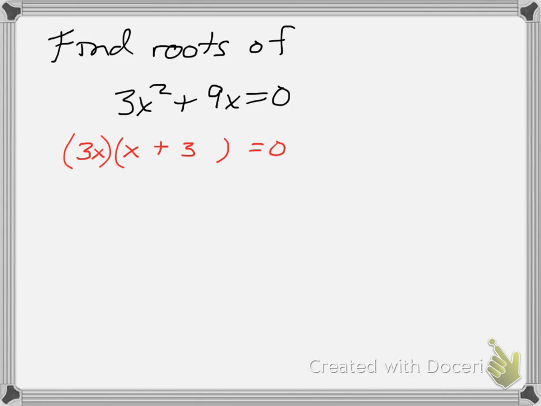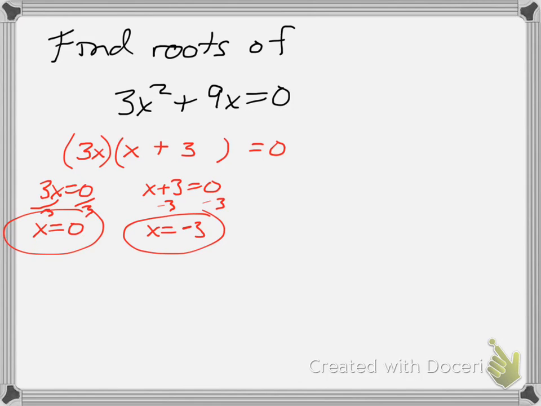So now I have two things that are multiplying to 0, and we're simply going to set each one equal to 0. 3x equals 0, divide by 3, x equals 0. And x plus 3 equal to 0. x equals negative 3.